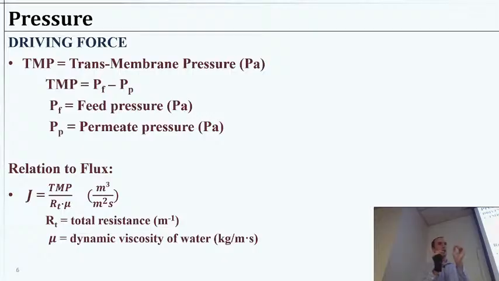So you can imagine that there is a pressure differential as the driving force, pushing water across it. We can describe that mathematically, or we call it TMP, as the pressure in the feed minus the pressure in the permeate. Okay, it's just that difference. So we had a question earlier about multiple membranes in series. You could actually have a really high pressure system, but only a small pressure drop over a first filter.